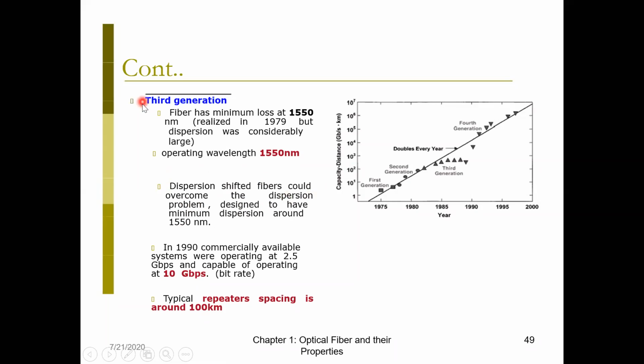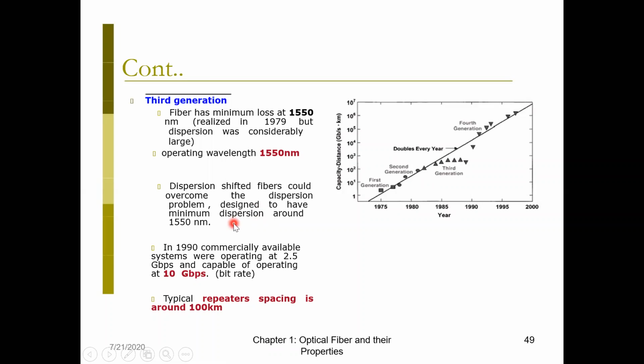So in the third generation, working at 1550 nanometer, we could have minimum dispersion, the operating capacity was around 10 Gbps, and the repeater spacing again increased to 100 kilometers. So with each generation, the repeater spacing increased. For you, write down 1550 third generation, the bit rate, repeater spacing, and the dispersion was minimum. So these 4 keywords.